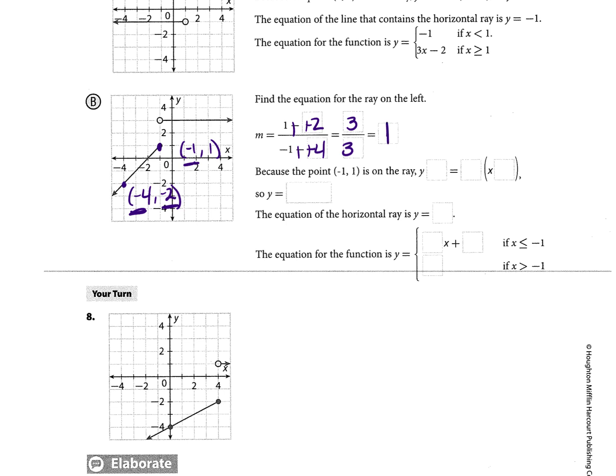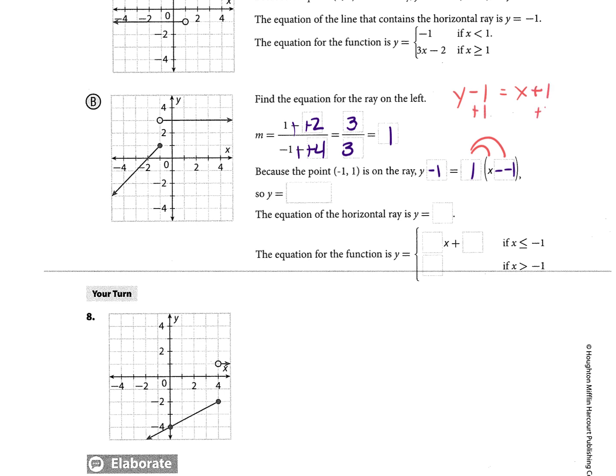Then it says because the point (-1, 1) is on the ray, we can use y minus 1 equals the slope times x minus x1. Then we would distribute 1 times that, and 1 times this piece, which gives us y minus 1 equals x, and then minus a negative changes to plus.